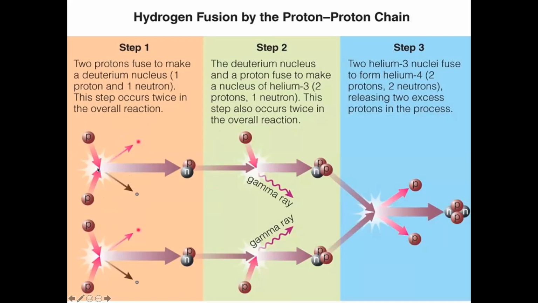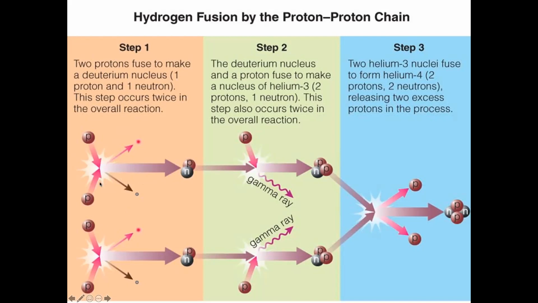And as they fuse, the products of this reaction are a neutrino, a positron, and this deuterium nucleus. Right, so some energy is being released here, some small particles, and then one of the protons essentially becomes a neutron.